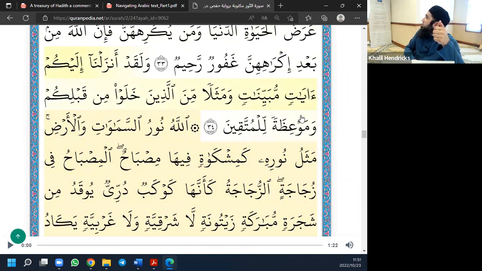We have certainly revealed to you ayat which are made clear. And the property of light is that it makes things clear. So it comes between this verse here, آيات مبينات ومثلا من الذين خلوا من قبلكم وموعظة للمتقين. So the fact that it comes after, Allah speaks about the ayat as mubayyin.